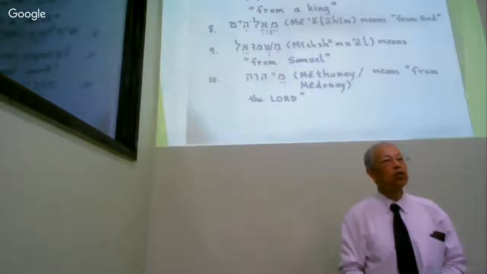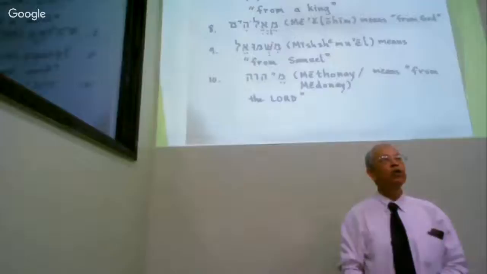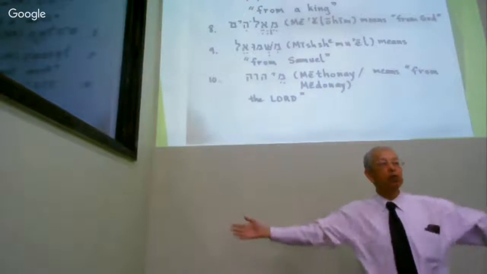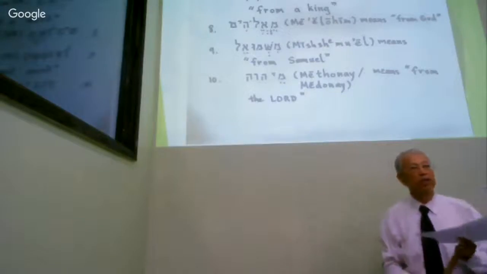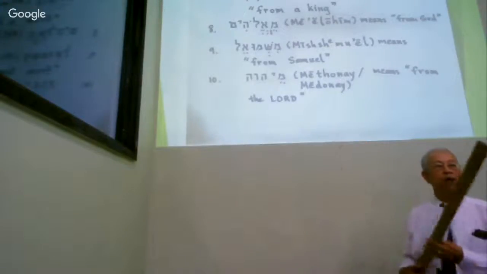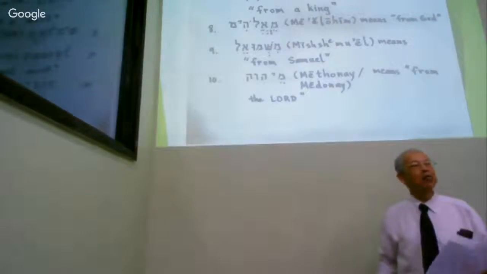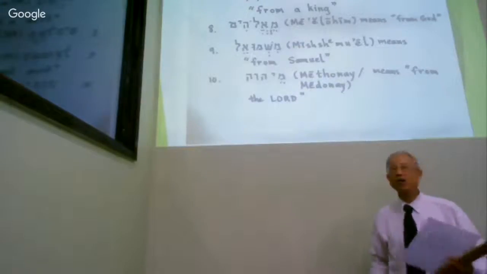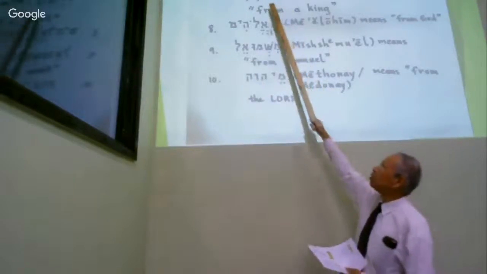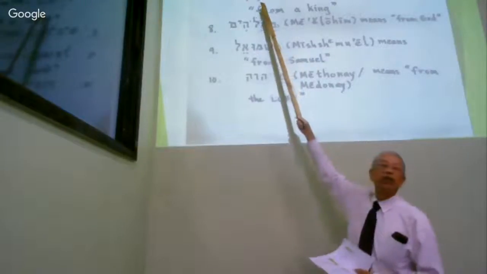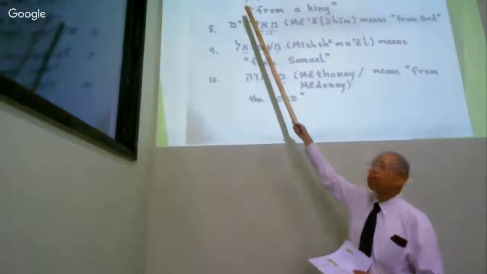something happens to the nun, or the n, in the min. The nun drops out. You don't see it. But you know that it was there because its absence now is compensated by the doubling of the first letter of the noun, which is mem.